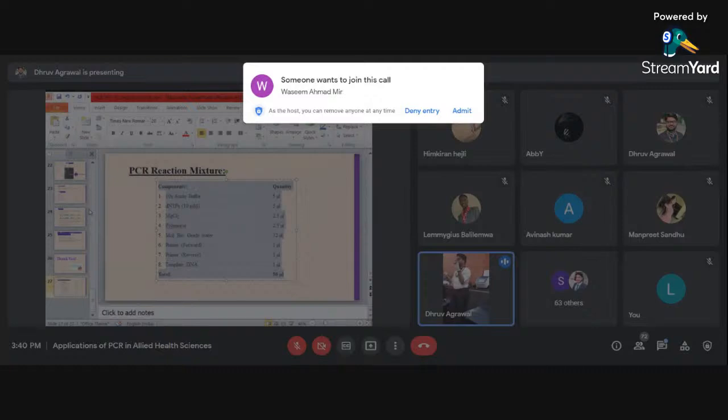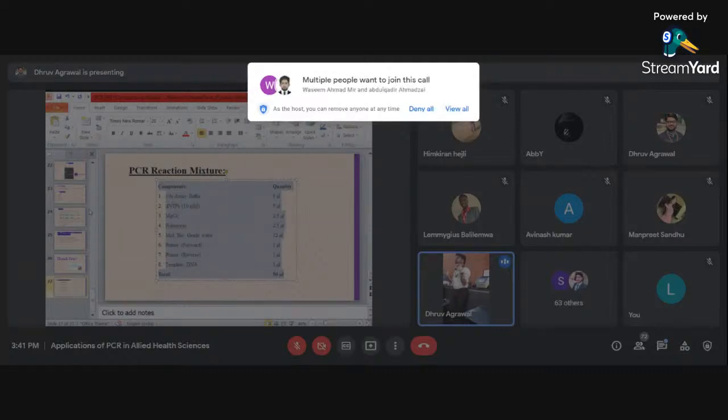And you have to design a PCR reaction in which you have to add only 200 to 400 nanogram. So how many microliter will you use? Okay, if you are using 5 microliter, then you are adding 1 microgram to 2 microgram.